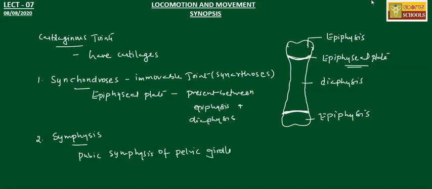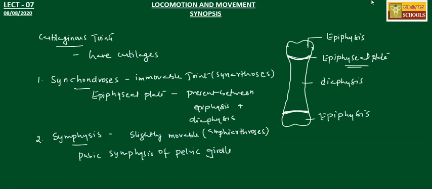Pubic symphysis of pelvic girdle, and this symphysis is slightly movable. It is slightly movable, hence it is called amphiarthrosis. So that's all about the cartilaginous joints.